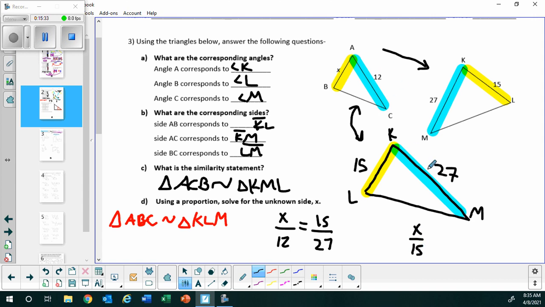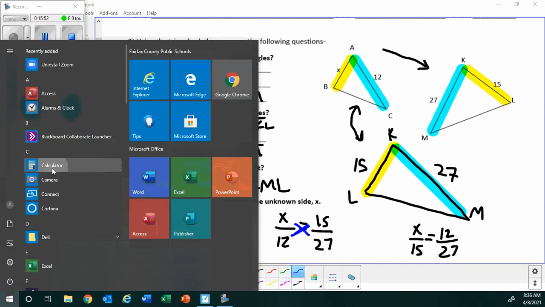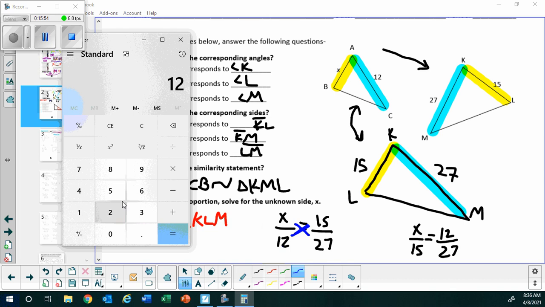And now I see blue to blue, so a 12 over a 27. It does not matter which proportion you prefer, because in both cases, we are cross multiplying 12 times 15, and then dividing by 27. So 12 times 15 is going to be 180. Now I'm going to divide by the 27.